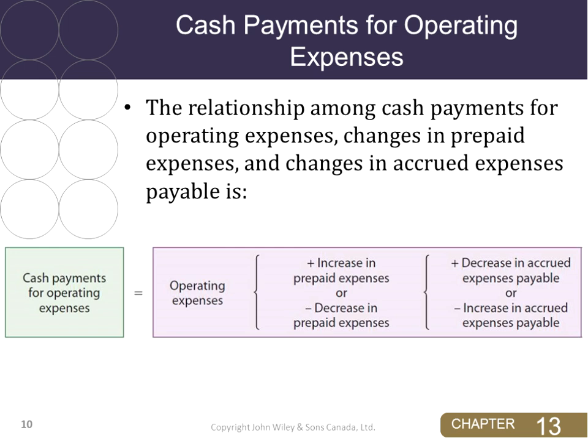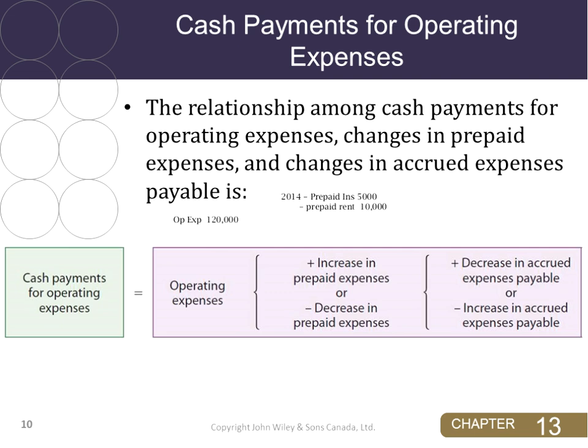So let's take a look. If we have operating expenses of $120,000, in 2014 we had prepaid insurance of $5,000 and prepaid rent of $10,000.